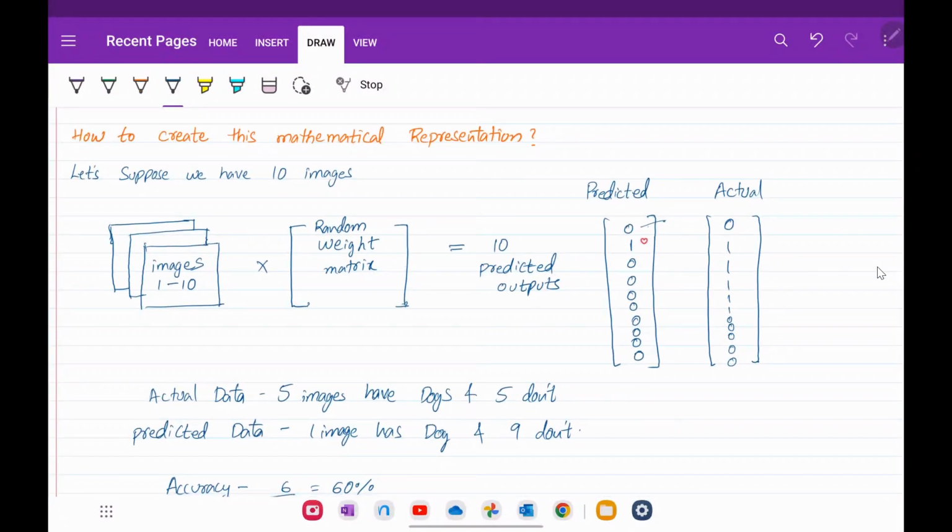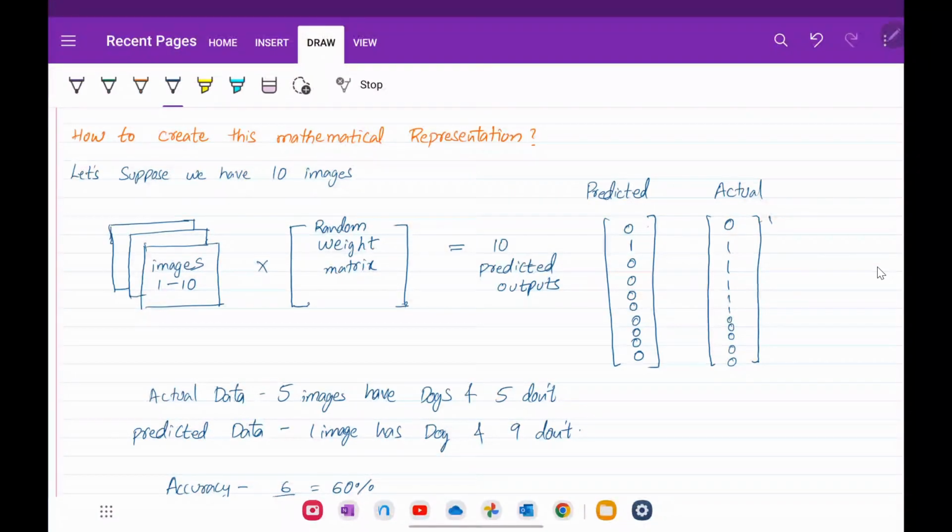And for the second image, it said that the dog is present, and so on. So this neural network model predicted that only 1 out of the 10 images contains a dog. And let's look at the actual values of these images.